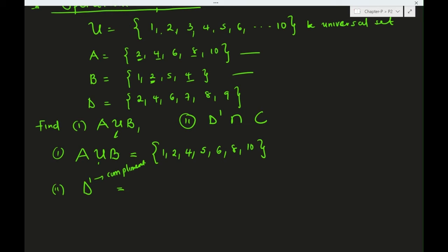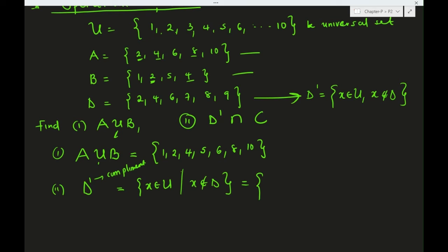Complement simply means take all the elements that are in the universal set that are not in D. So this is D. If you want D complement, by definition, it is all the elements that are in the universal set but are not inside D. Let me write it again: D complement is every element inside U such that the element is not inside D.